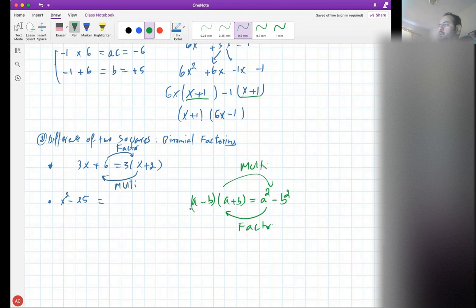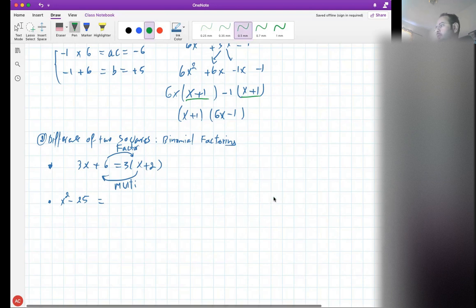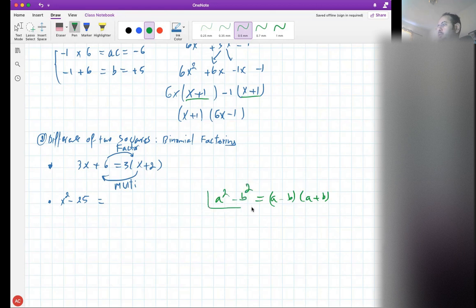Let me rewrite the formula the other way. We said a minus b times a plus b, if you multiply this, it's equal to a to the second minus b to the second.